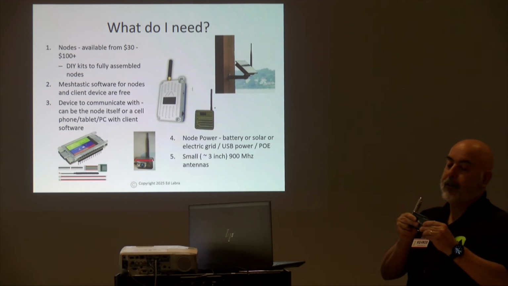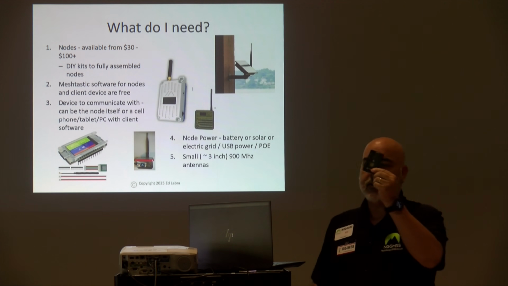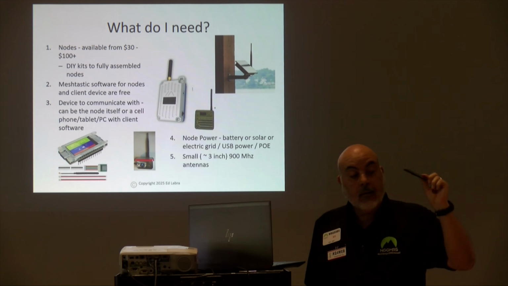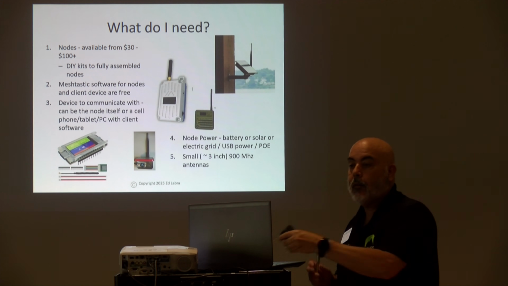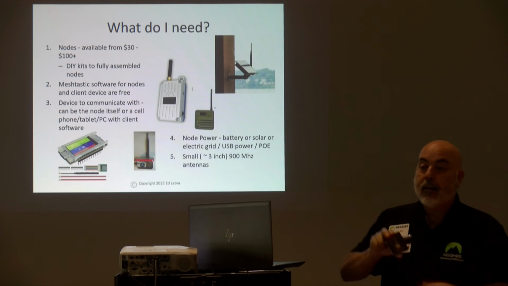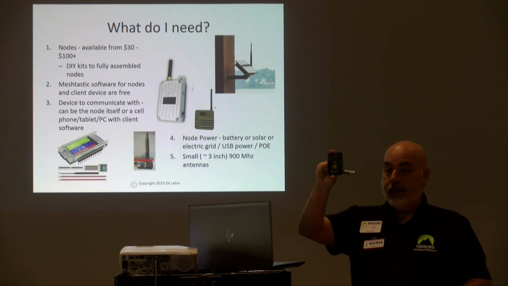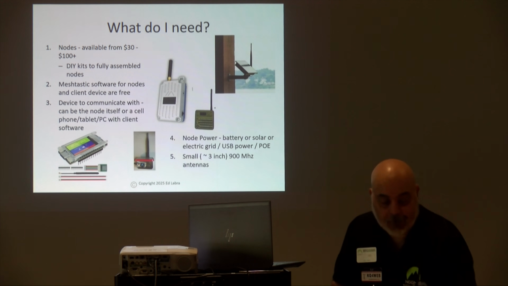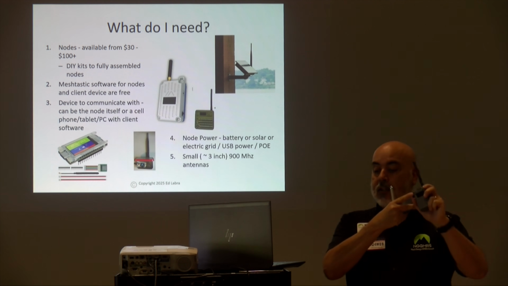This is my favorite. How much is that one? This one I think was $50. Seeed Studio? Yes. And the messages don't come on that. This one does not have a display, it's an app on your cell phone. This one has a small display on it, so you can read your messages from here.